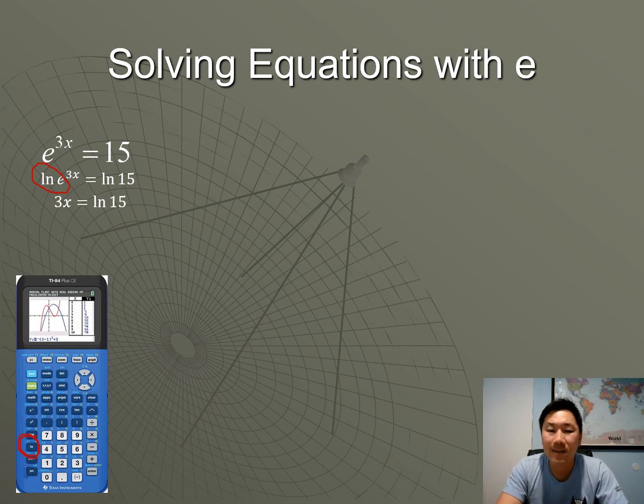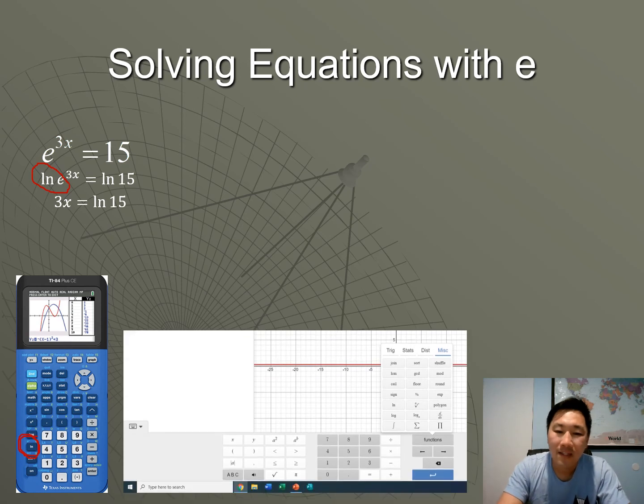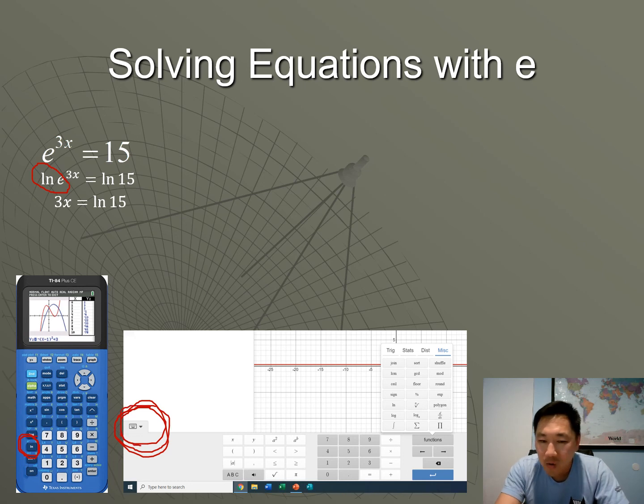For those of you guys who are using Desmos, Desmos also has the ln button. This is the Desmos website. You have to go to the very bottom of your screen where it has a keyboard right here. If you click on the keyboard, the whole keyboard calculator pops up. You would go to the functions button, and then when you open functions, you have to go to miscellaneous.